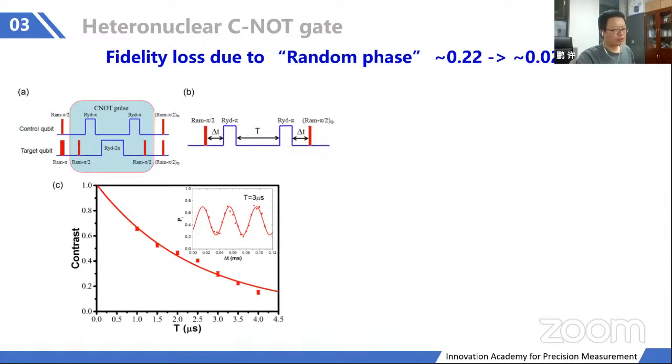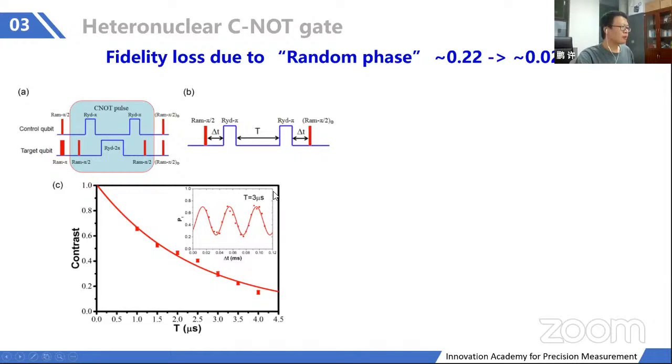And this superposition state is very sensitive to the electromagnetic field, the background electric field, and any effect that induces an energy shift of the Rydberg state. So it is very fragile.